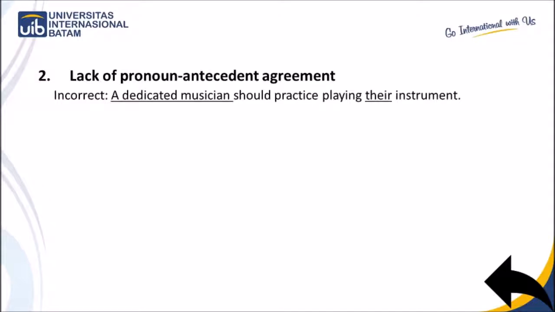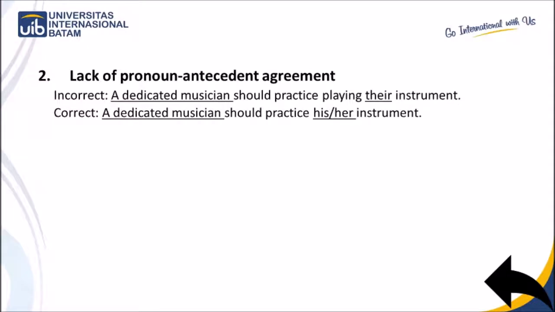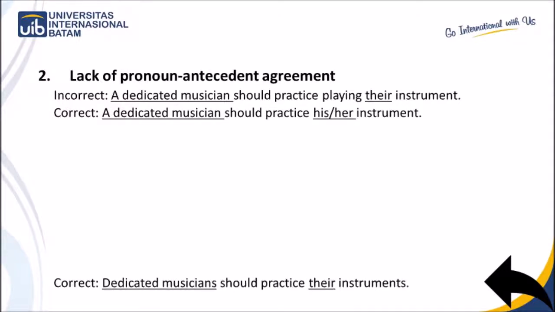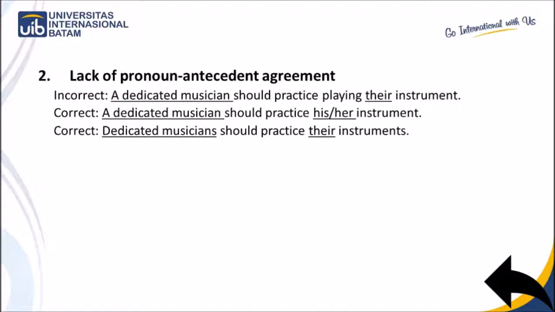And you can make the correct sentence as "A dedicated musician should practice his or her instrument." So we change the pronoun their into his or her. Or, "Dedicated musicians should practice their instruments." We still use pronoun their in the sentence, but we change the musician into plural form.